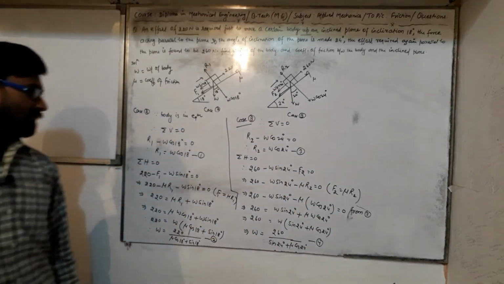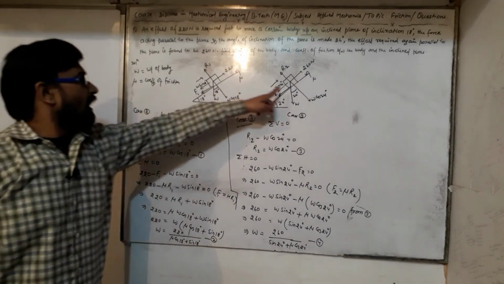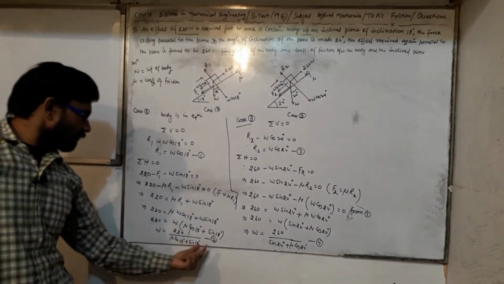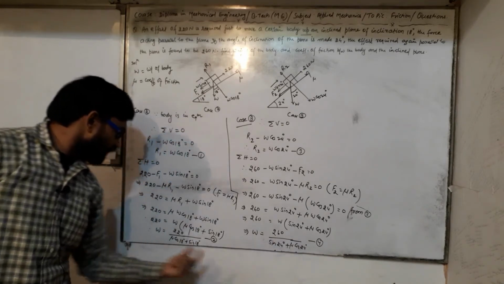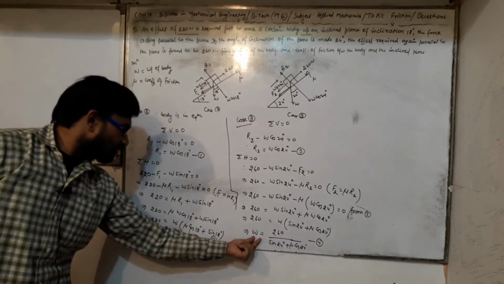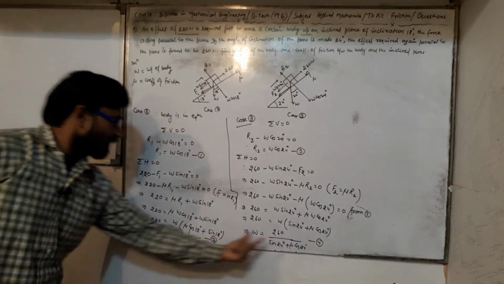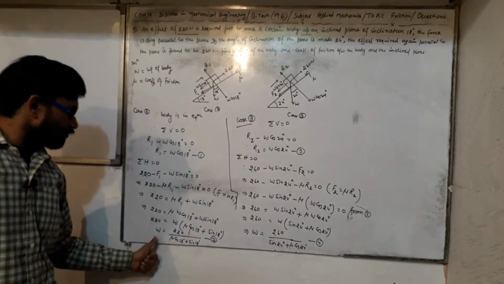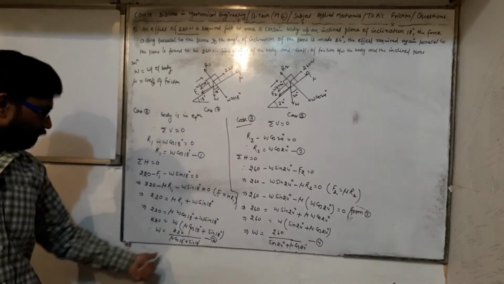See my dear students, the same W is acting on the inclined plane. So from equation 2 and equation 4, we have W on the left hand side, so the right hand side must be the same, because the left hand side is W in both situations.